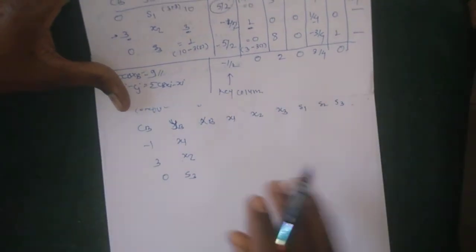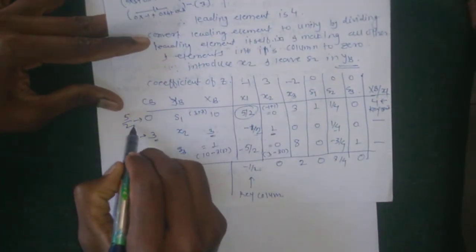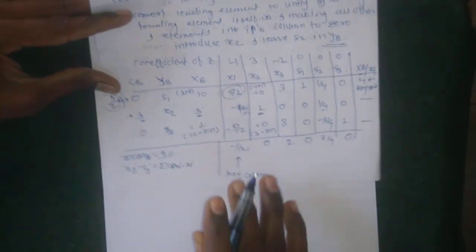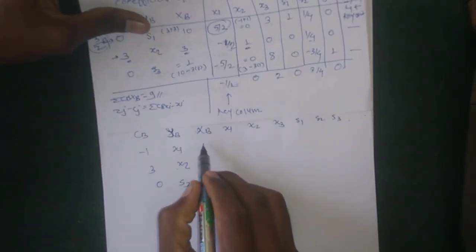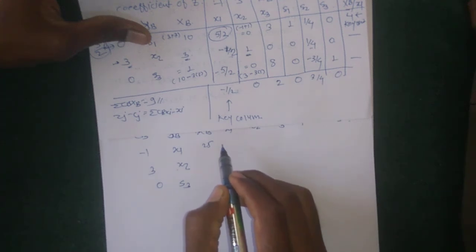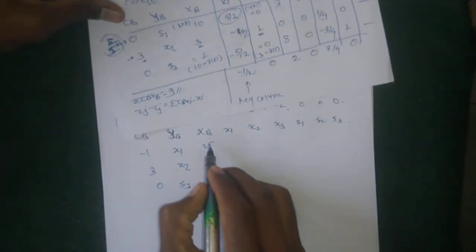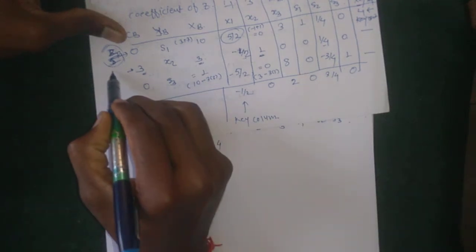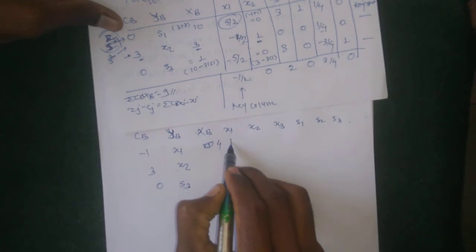Dividing, that is, multiplying this row by 2 by 5, we get the leading element as unity. For R1, 10 into 2 by 5 we get 4. 5 by 2 into 2 by 5 we get 1.